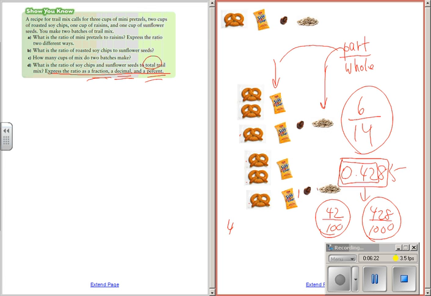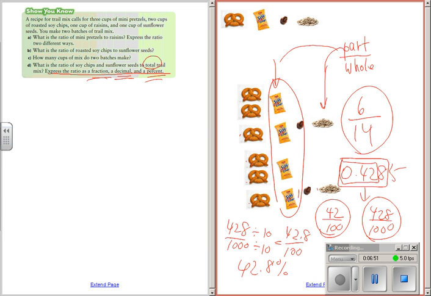So if I take 428 over 1,000 and create an equivalent fraction by dividing top and bottom by 10, my denominator is 100, which is great because it used to be 1,000, and I get a more accurate fraction that says 42.8 over 100, which we know is 42.8%. Now, what does that tell me? Well, that tells me that 42.8% of the trail mix is made up of sunflower seeds and soy chips.